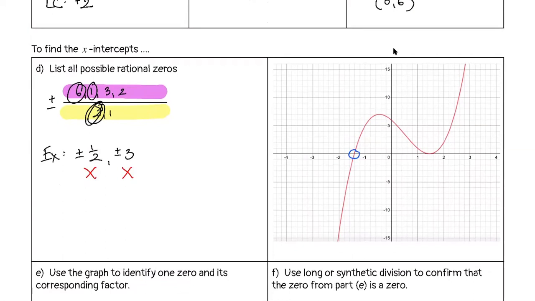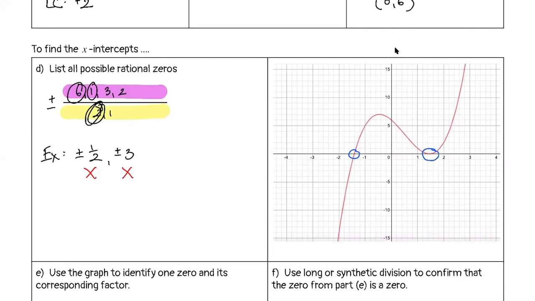And what about over here? How many zeros do we have there? Oh, 2. 1, 2. Okay.